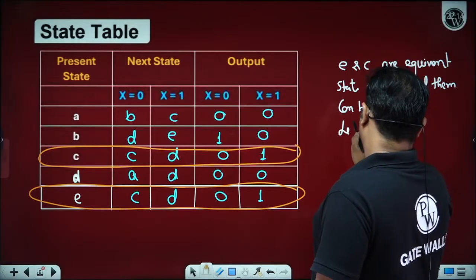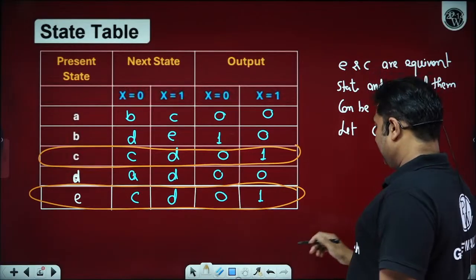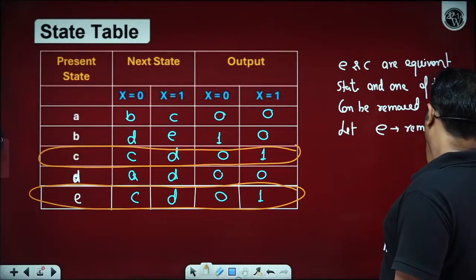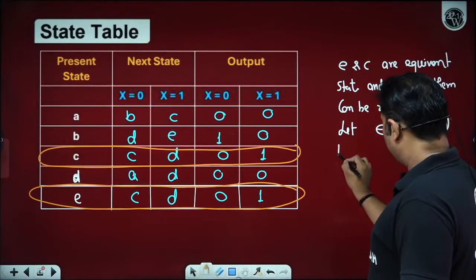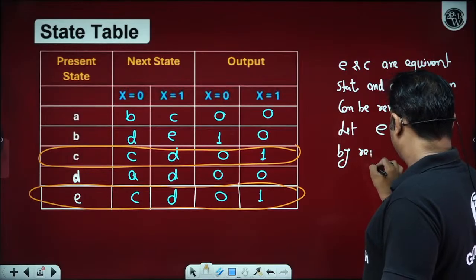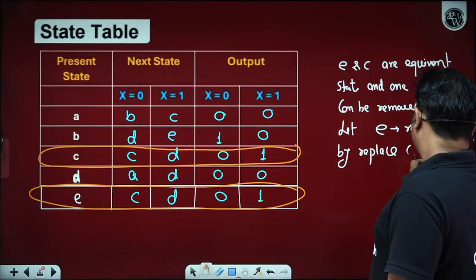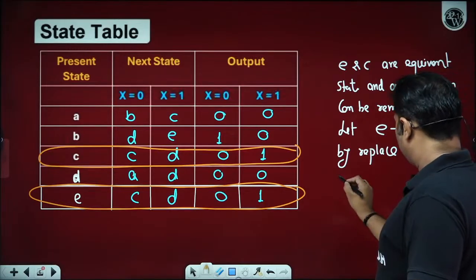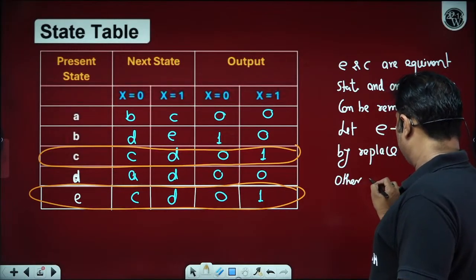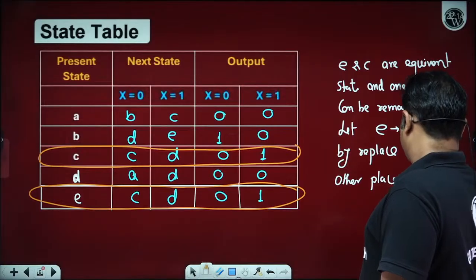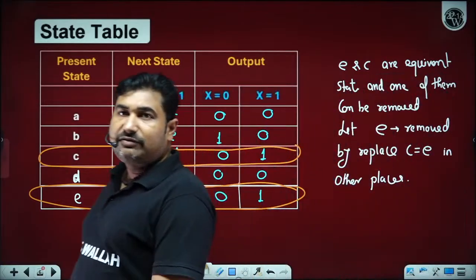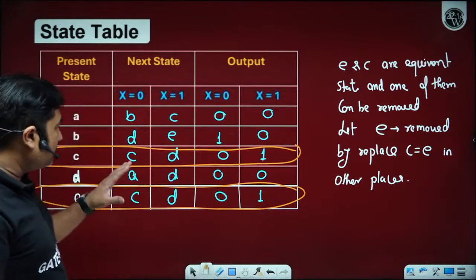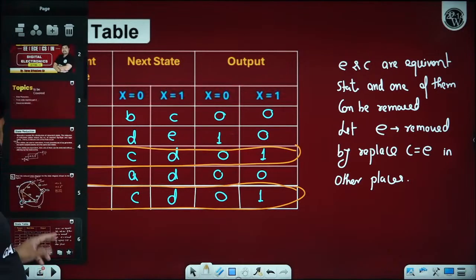Let E be removed. In other places, we have to change E with C. So now please observe here, I am going to reduce the state table.